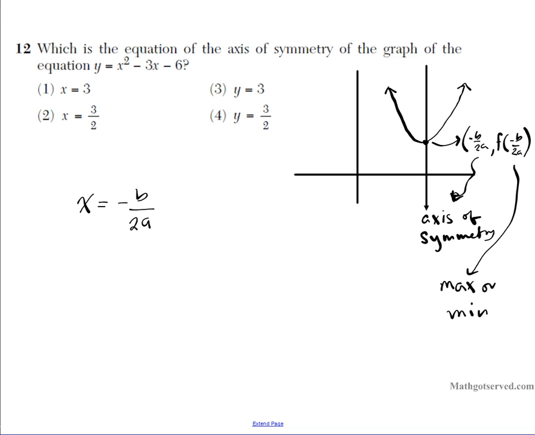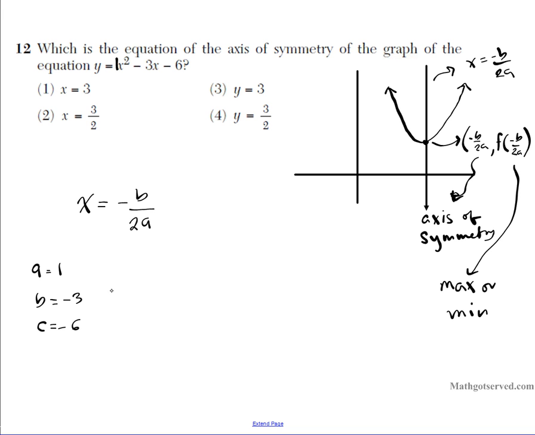So the equation of this line right here is x equals negative b over 2a. All right, so you just have to remember that. So let's do that. In this problem, b is the coefficient of x squared, which is 1. No, wait, that's a. Sorry. So a is 1, b is negative 3, and c is negative 6.